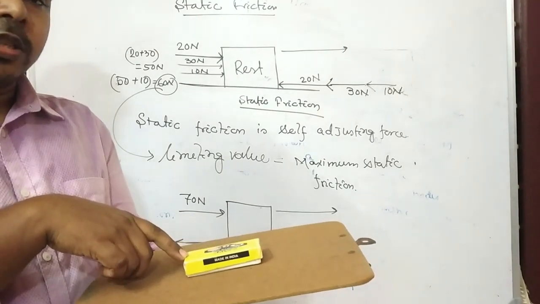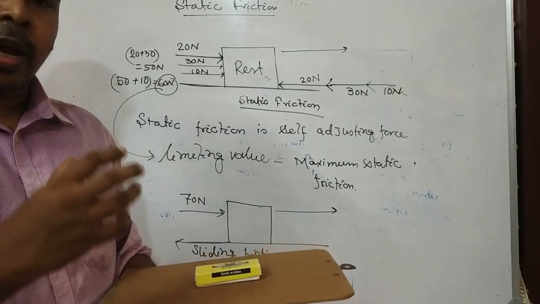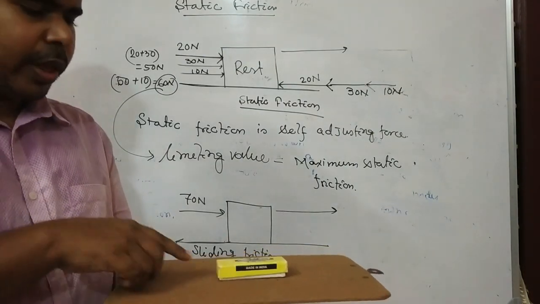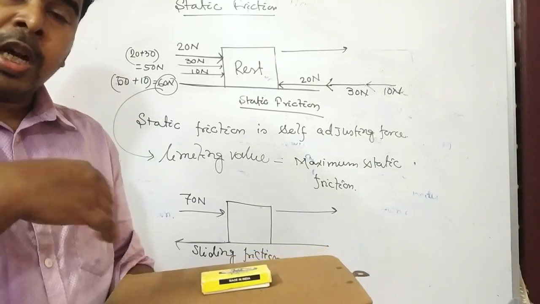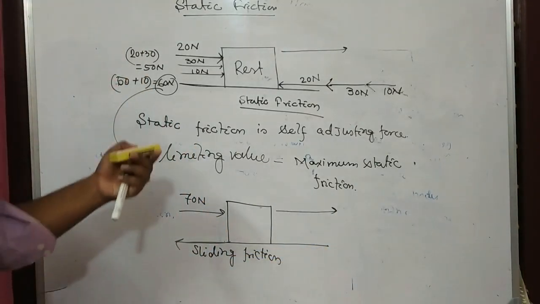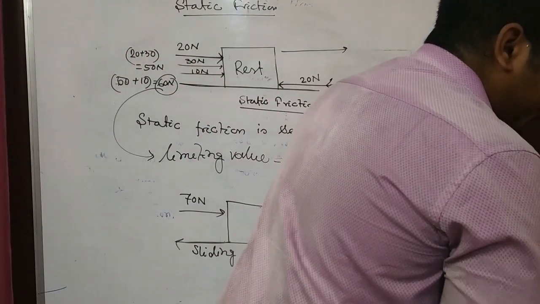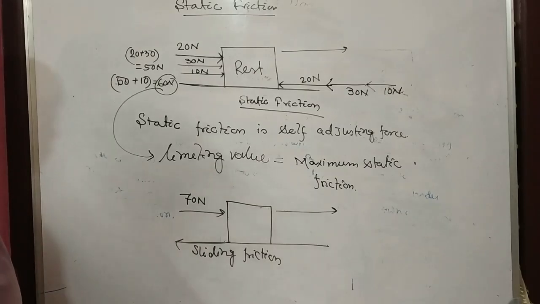Whenever the body starts moving, which friction acts? That is known as sliding friction. And when the body stops, while you are still applying force, which friction is acting? That is known as static friction. So that is the whole story of static friction and sliding friction. That is also written here.